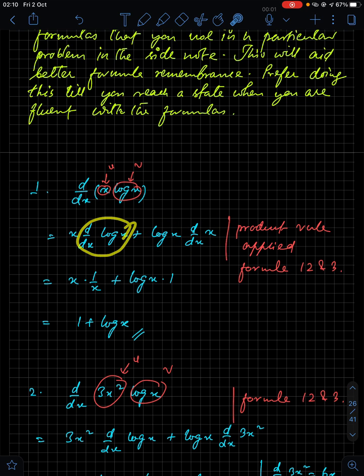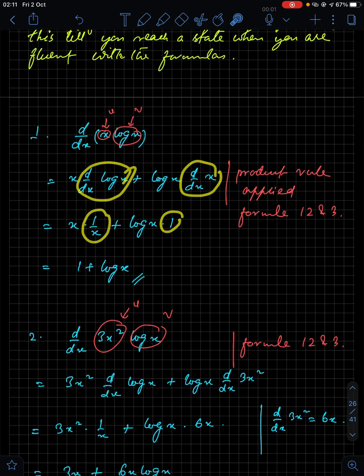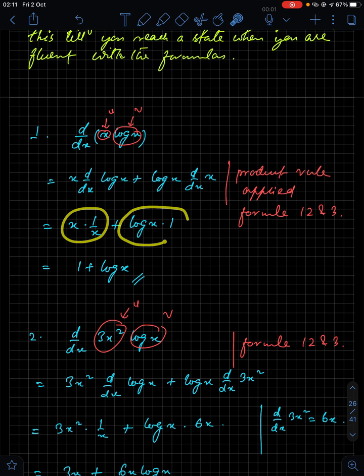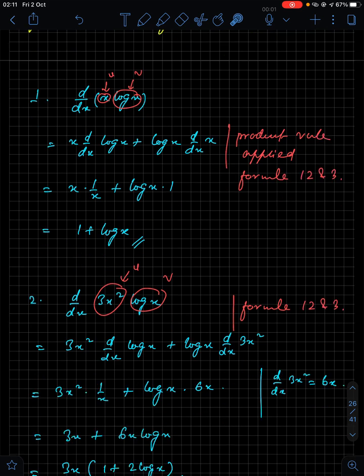Now d/dx of log x gives you 1 by x, okay, and d/dx of x gives you 1. All right. Therefore in the first part you have x into 1 by x plus log x into 1. Therefore x into 1 by x is 1 and log x into 1 is log x. Therefore the result is 1 plus log x.